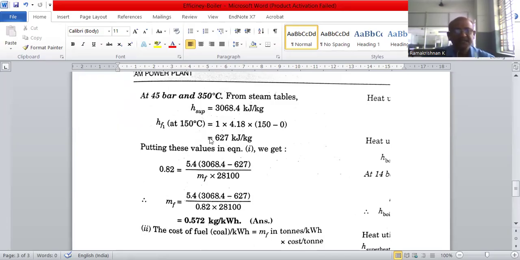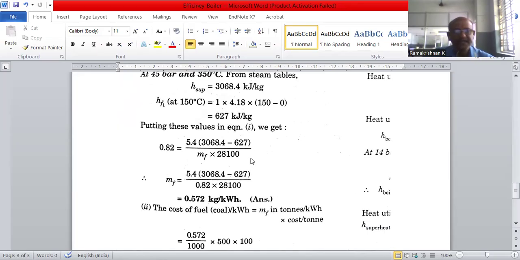Next, from the saturated water and steam table, the enthalpy at 150 degrees Celsius, hf1, is 627 kilojoule per kg. The efficiency of the boiler is given.